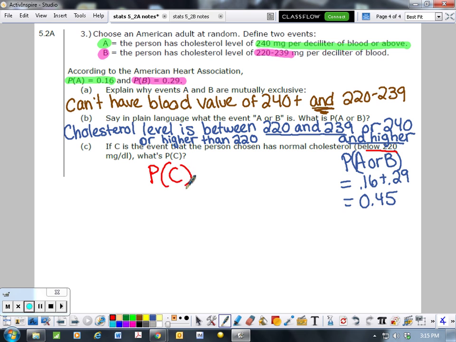Well, theoretically, it should be whatever probability is left. So 1 minus 0.45. And that's assuming those are not rounded with some error, but it gives us about 0.55. And so we just use that because that's what we know.